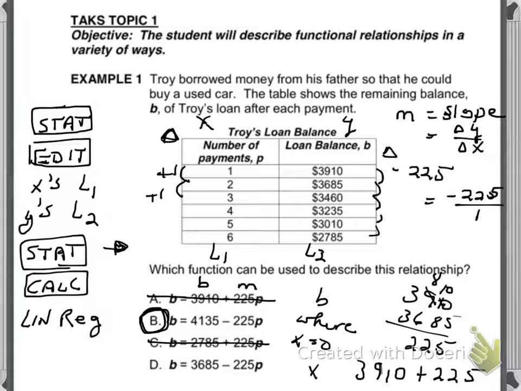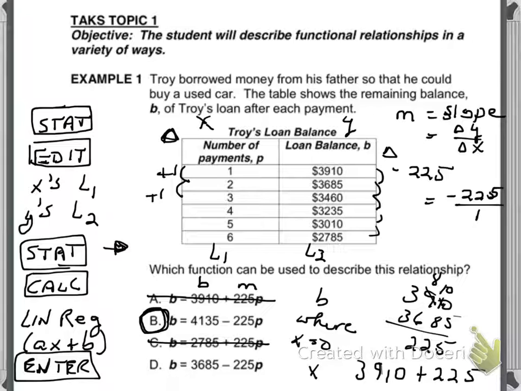That's going to be the choice you pick, and it says AX plus B. And remember what this will look like. You'll have to hit enter once or twice. And then it's going to give you your value for A, which is 225.